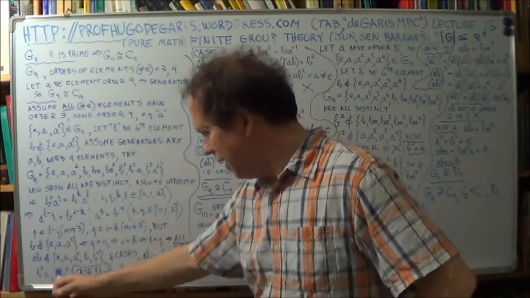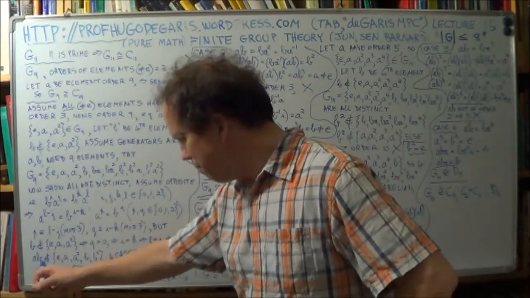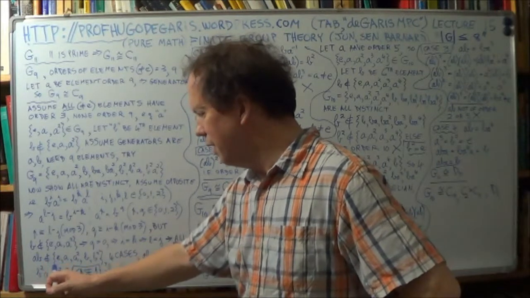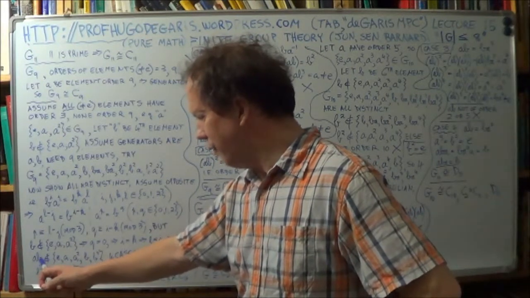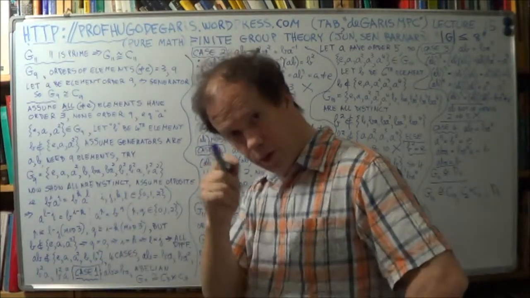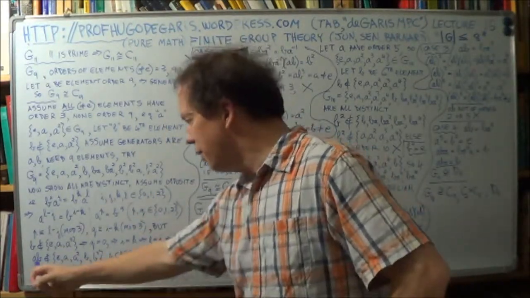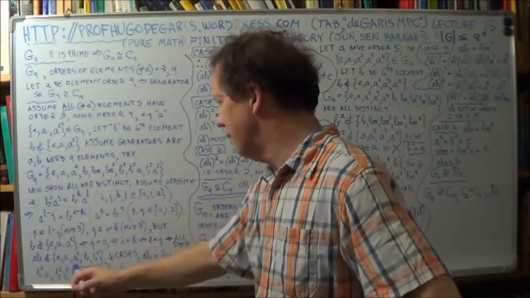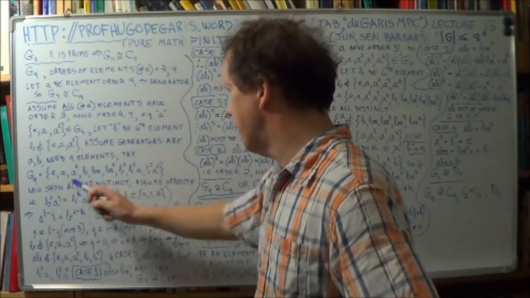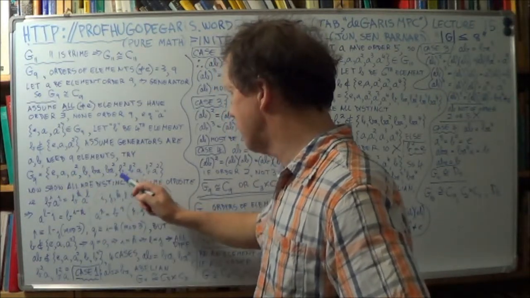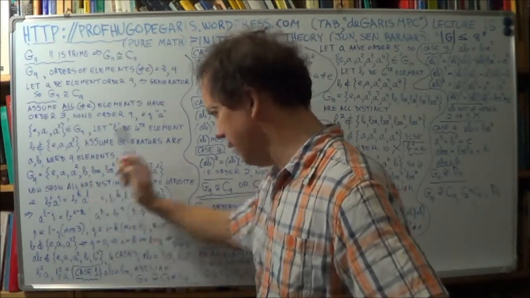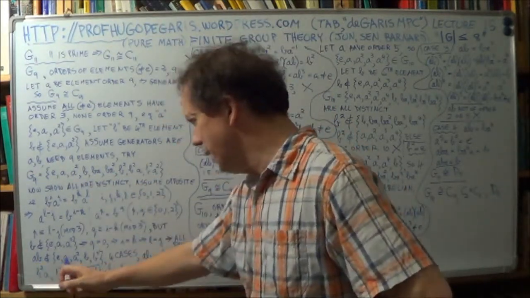Well, assume that AB does equal E. Therefore A is B inverse, but B inverse is B squared, because the order of B is 3. So A equals B squared. That's not possible. We just proved they're different.